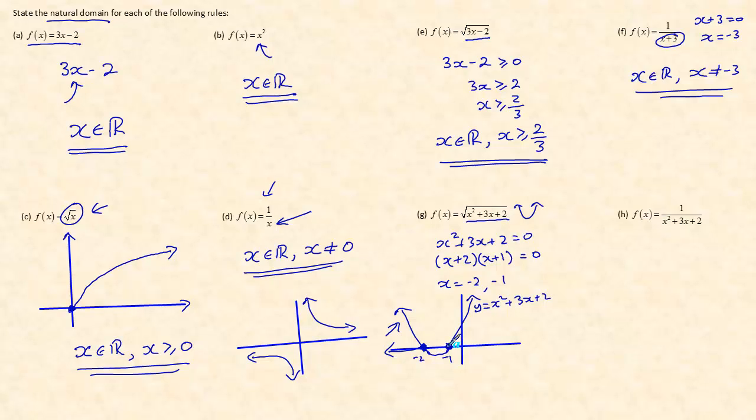We could input any value from here, but we can't put any value of x between negative 2 and negative 1 in, because then x squared plus 3x plus 2 would be negative, and we can't take the square root of a negative. So here we'd have x belongs to the reals, where x is less than or equal to negative 2, or x is greater than or equal to negative 1.